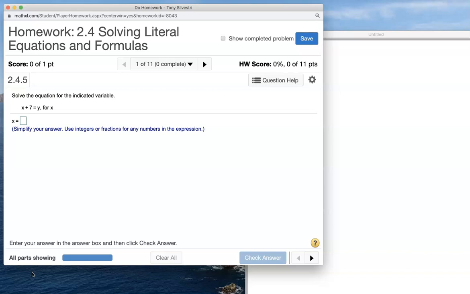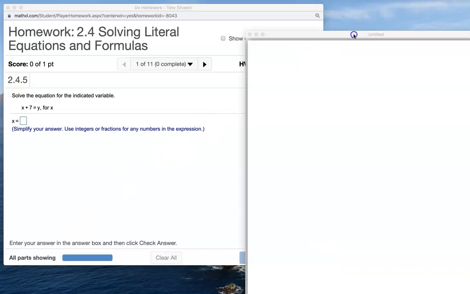You're going to get an answer that's in terms of another variable. You just have to perform the same operations we learned in the previous 3 sections, and I'll show you exactly what I'm talking about right now.